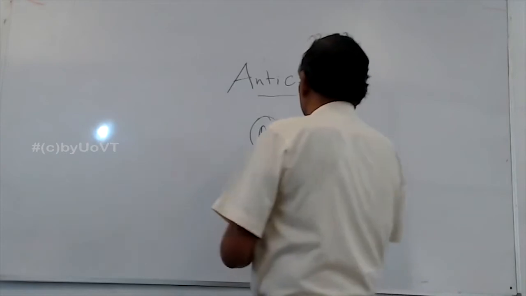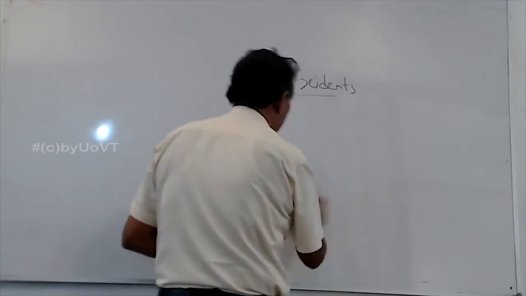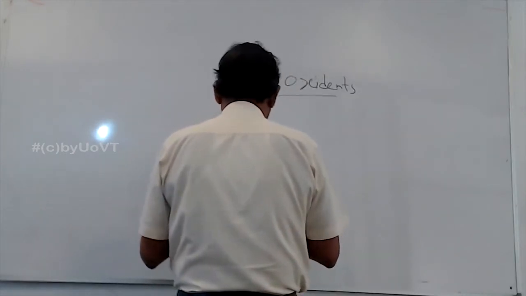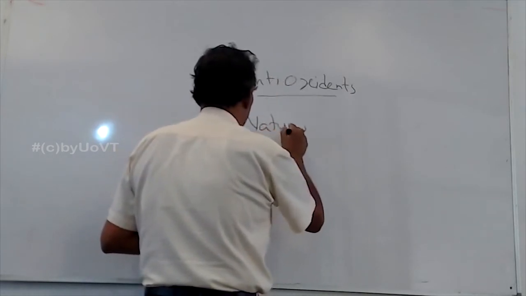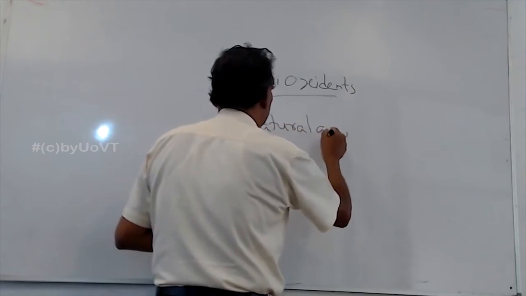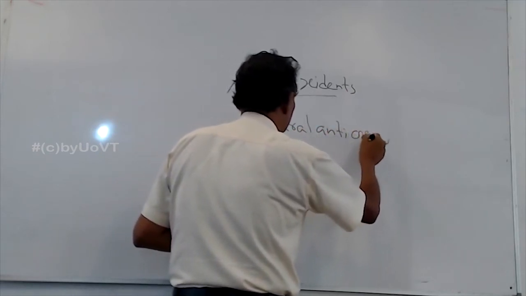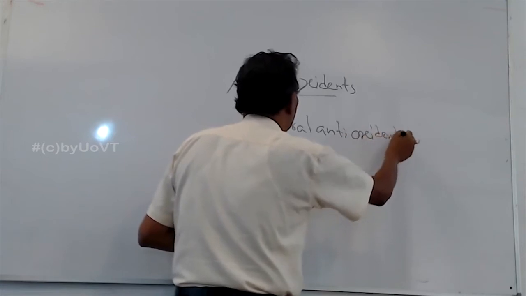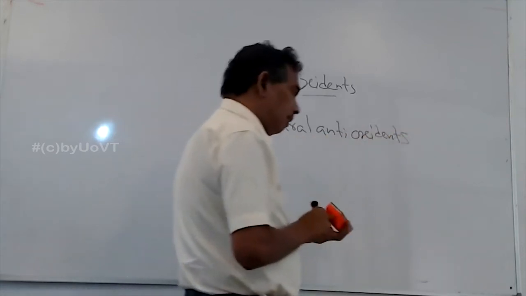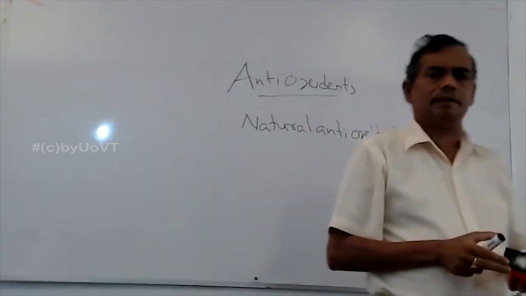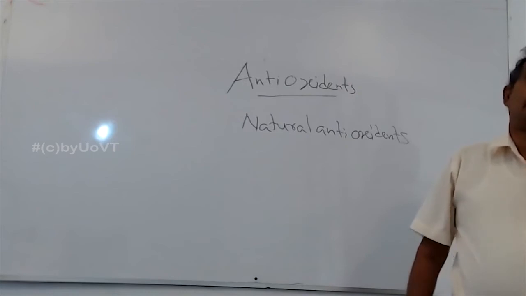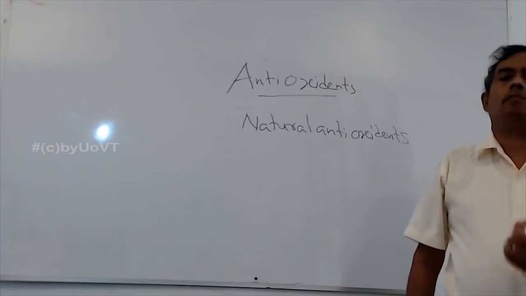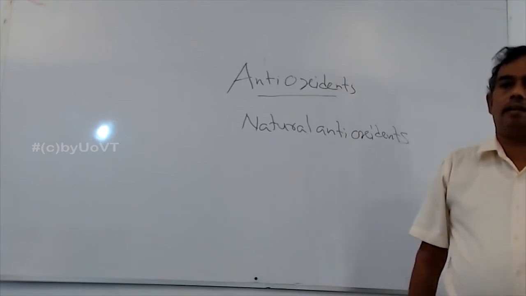Second category, actual natural antioxidants. What are natural antioxidants? When we learn about phytochemicals and so many things, we can say our food contains a lot of antioxidants. Plant sources contain a lot of antioxidants. So what are natural antioxidants?